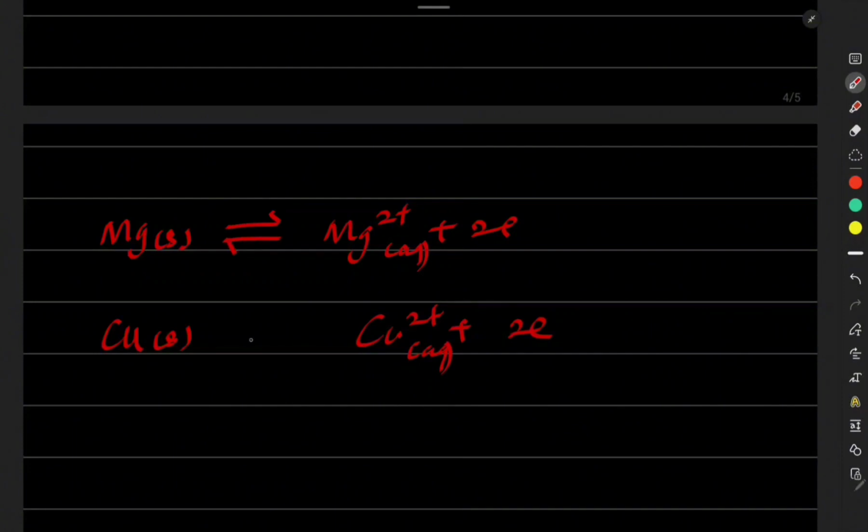These are the reactions that could occur. This is a reversible reaction. This is reaction number 1 and this is reaction number 2. Here one metal will undergo reduction and the other metal will undergo oxidation.